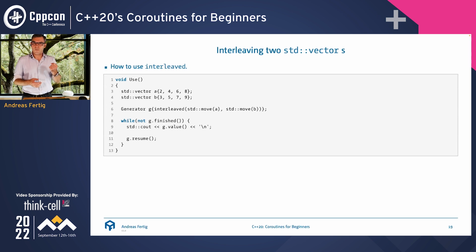And if not, I'm calling g.value in line number 9. And then I'm resuming the coroutine in line number 11 by calling g.resume. So this is interleaving two std::vectors. And you can also zip them. They can have different sizes. It all works. So I think that's a good thing.